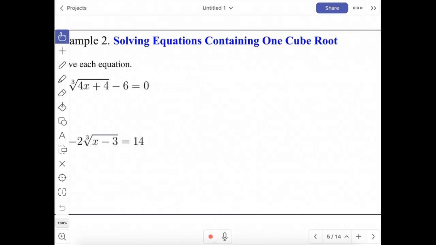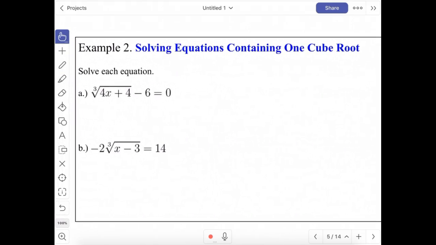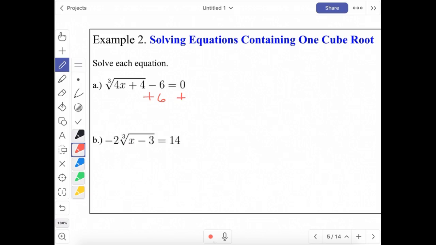All right, moving right along here. Even though we have a higher power, that is totally fine. We will solve it the exact same way. So first thing we need to do is isolate. So the cubed root of 4x plus 4 is equal to 6. We're going to cube both sides. 6 times 6 times 6, I believe, is 216.